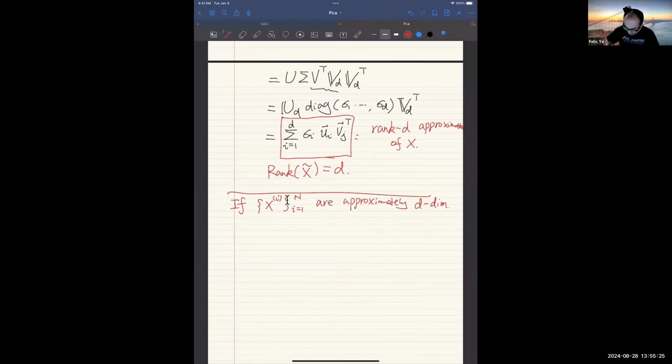For example, if we plot the singular values, with the index going 1, 2, up to big D, and these are the singular values, and it is like little d here, these values are something like this.